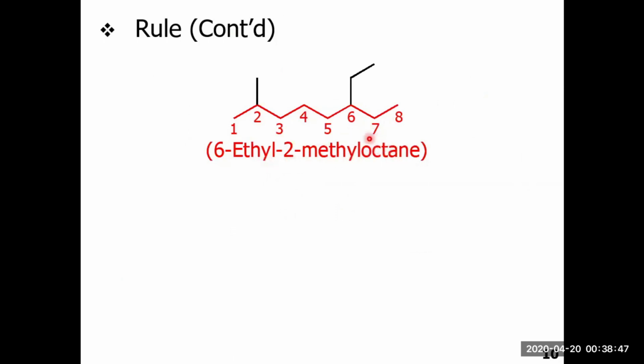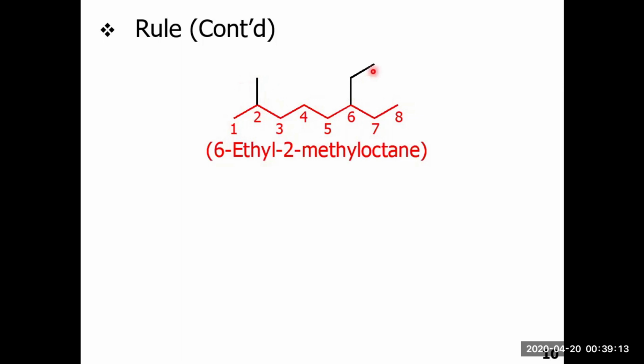it's known as 6-ethyl-2-methyloctane. So numbering, the parent has 8 carbon atoms, and numbering starts on this side. So we have 1, 2, 3, 4, 5, 6, 7, 8. We've noticed that the first branch point occurs at carbon 2, and the second branch point occurs at carbon number 6.